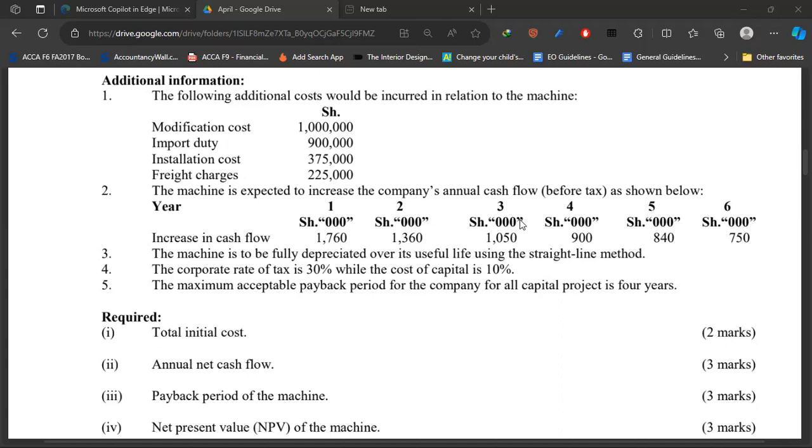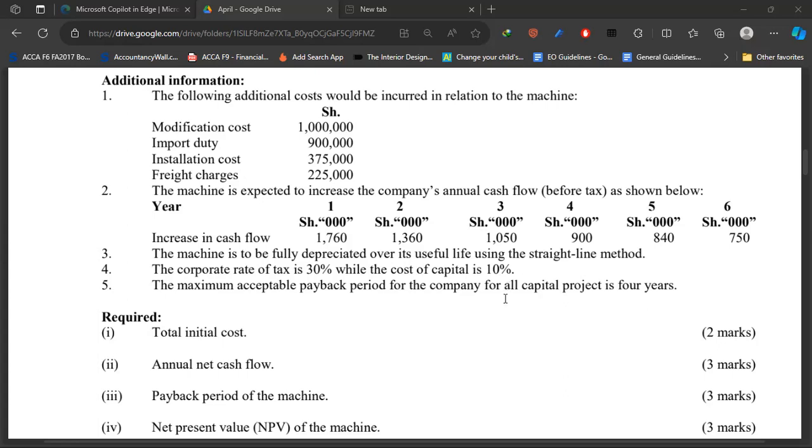So what you need to do is first understand the question, and then from there we are in a good position to understand what the question needs. So we are just going to follow our procedure for the computation of the NPV, as we have always been doing.